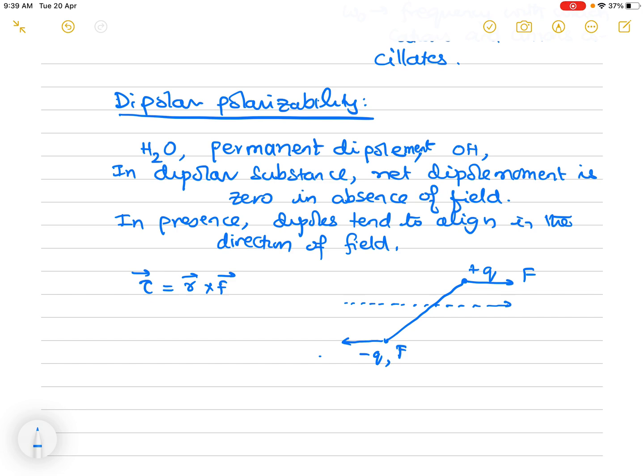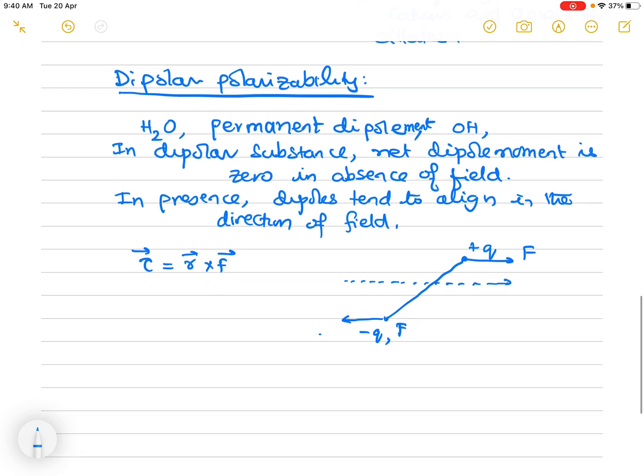As a result, the dipole tends to align in the direction of the electric field, and therefore the potential energy stored in the dipole in the presence of an electric field would be minus P dot E, where P is the dipole moment and E is the external field.